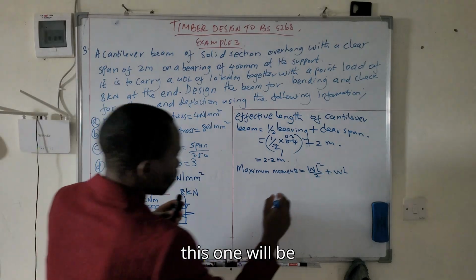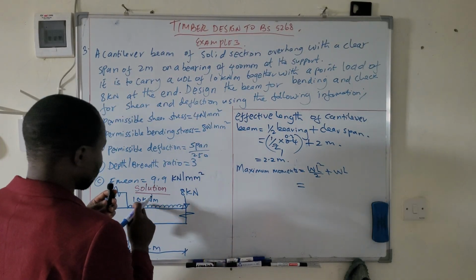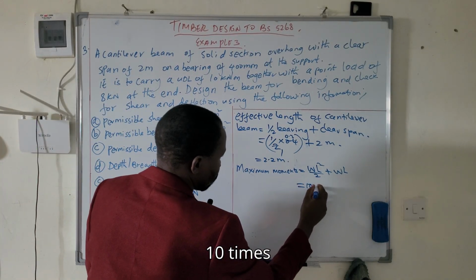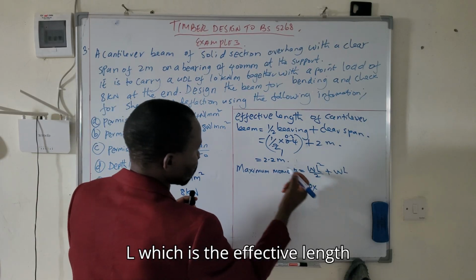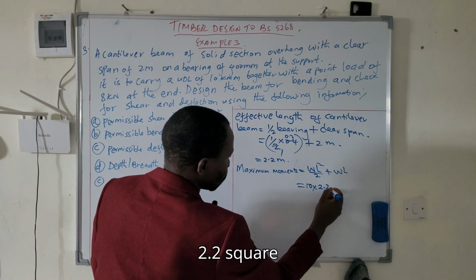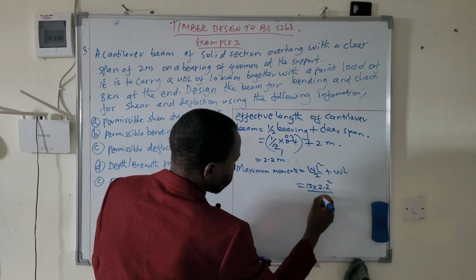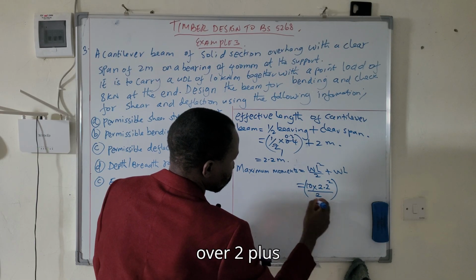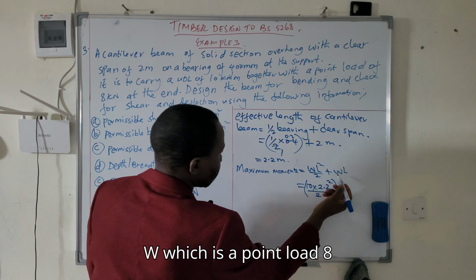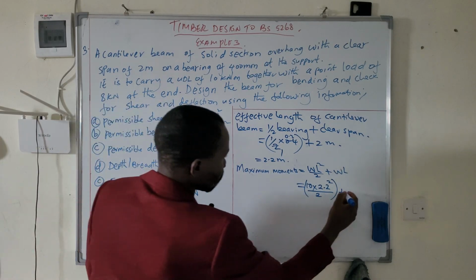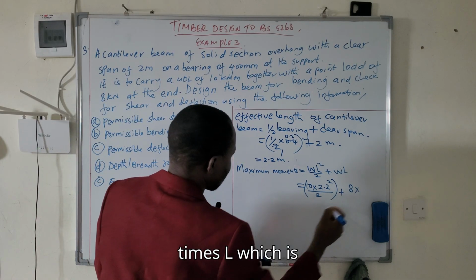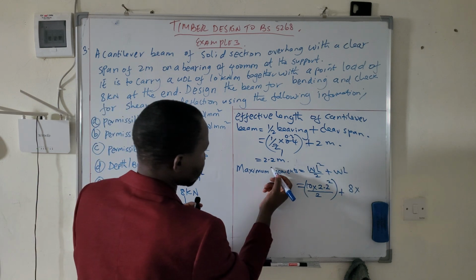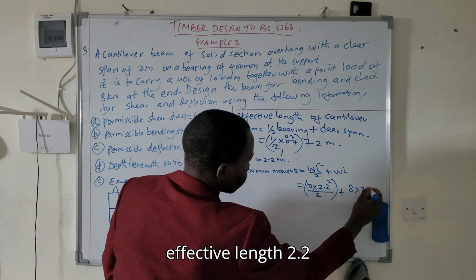So this one will be 10 times L, which is the effective length, 2.2 square over 2, plus W, which is the point load, 8, times L, which is the effective length, 2.2.